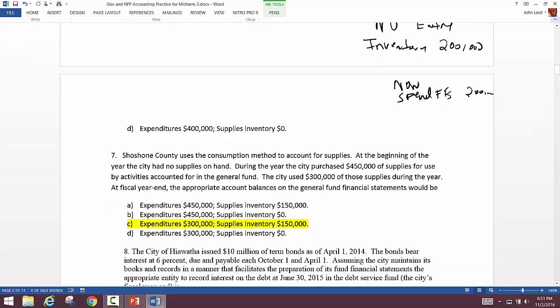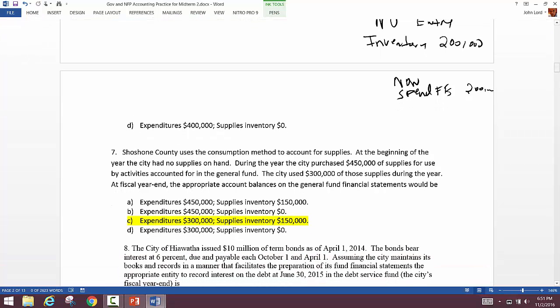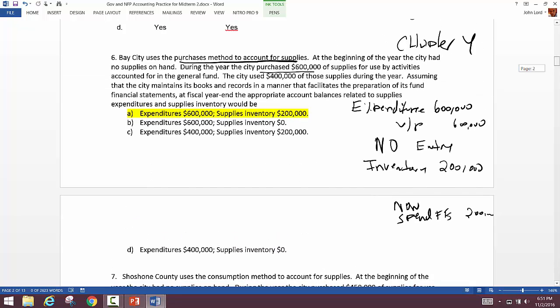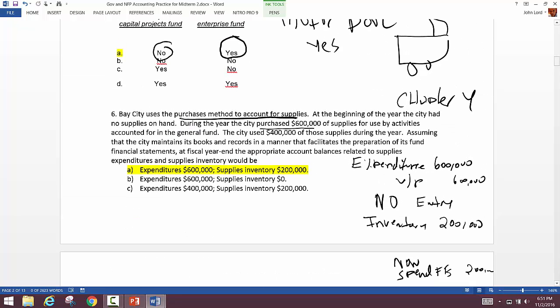Let's do the same facts and then we'll do the next question, okay? So who wants to help me with same facts, new question? We're now using the consumption method for the same facts.